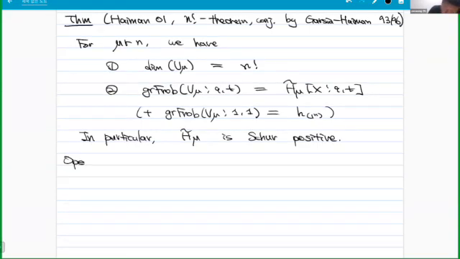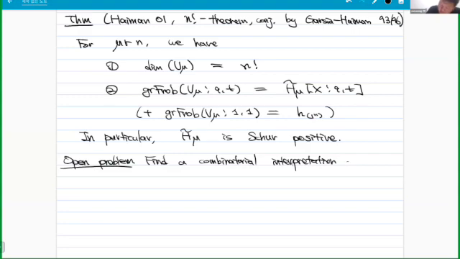So it is still a major open problem to find a combinatorial interpretation of the Schur coefficients, K tilde lambda mu of q,t.